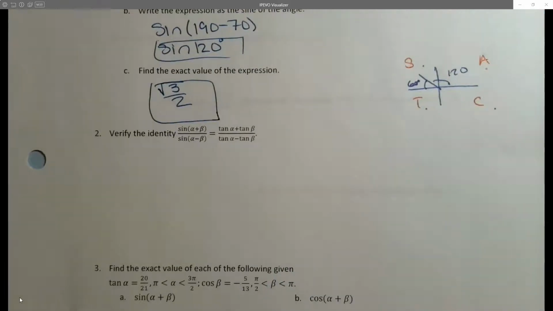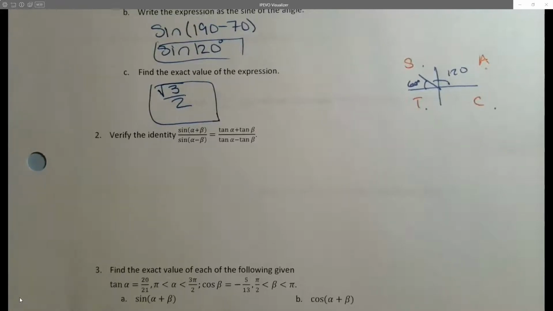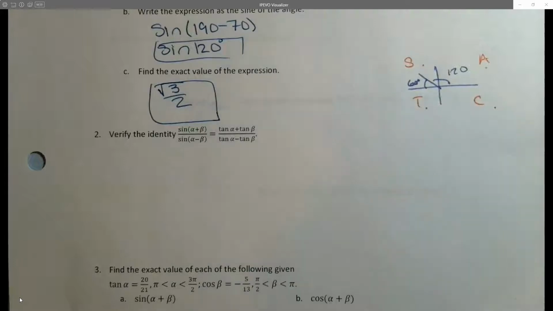Number 2 wants me to verify the identity. It has a sum and difference of sine on the left side, and then it says tangent alpha plus tangent beta over tangent alpha minus tangent beta. So what I'm going to do to start this off is use my sum and difference formulas on the left side to break up the sine. On the top I have a plus, so that means it's a sum.